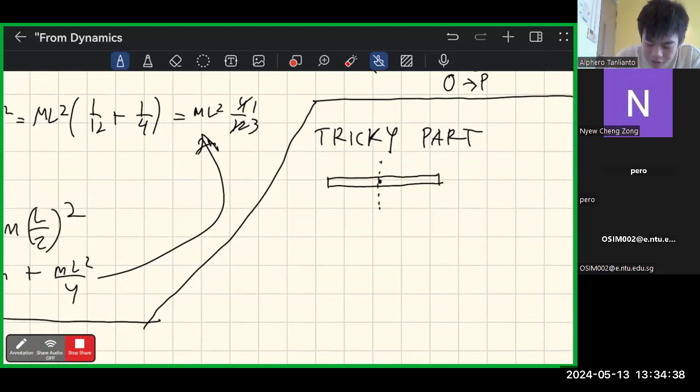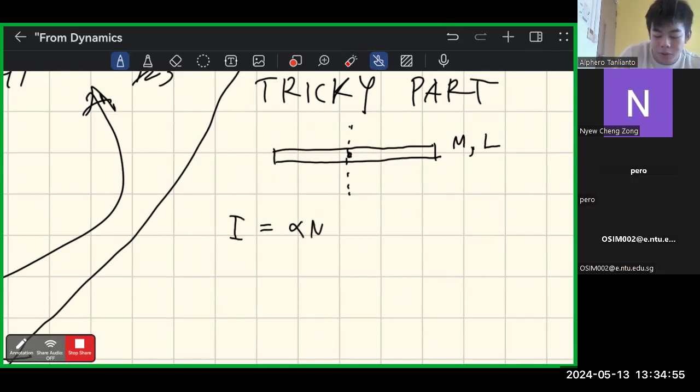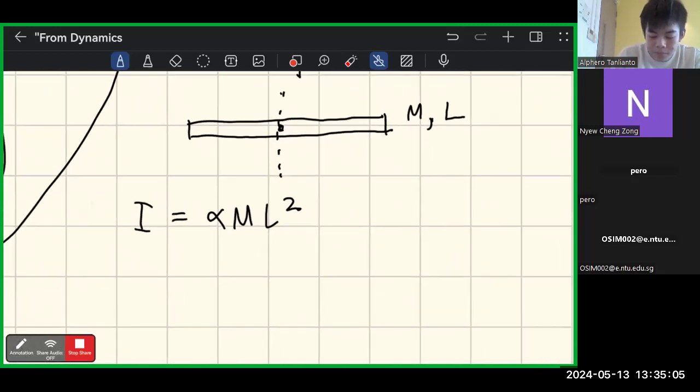How? Let's say a rod with mass m and length L has a moment of inertia alpha m L squared. We don't know the alpha. I mean, we know that alpha is 1/12, but how do we prove it without using an integral?